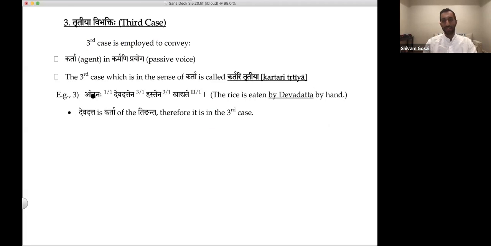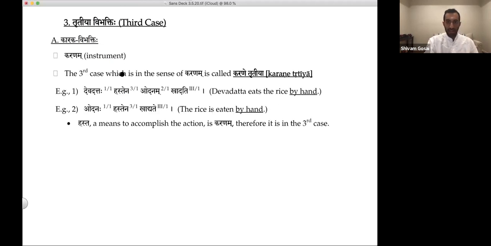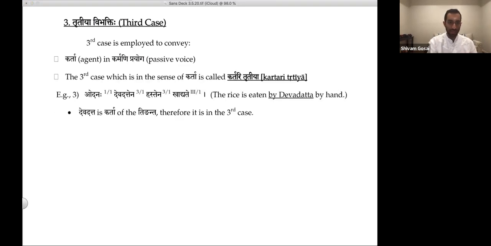Okay. Now this is where it gets a little bit tricky. This is the second thing I want to look at before we do some examples. One thing we need to know is when we're in karmani prayoga. Karanam can be in kartari or karmani, but the second example that we did is in karmani prayoga, right?